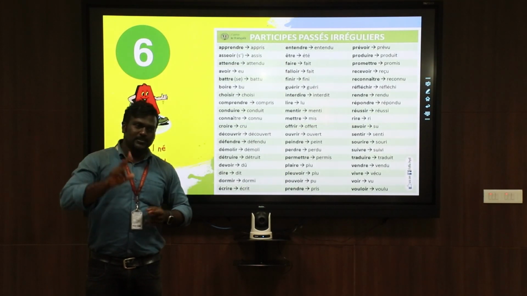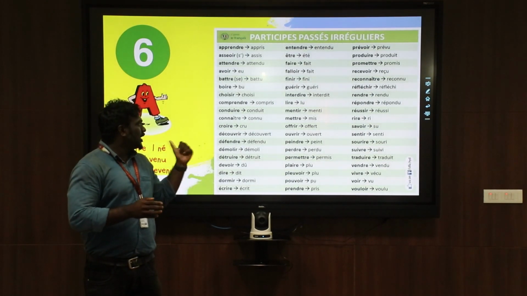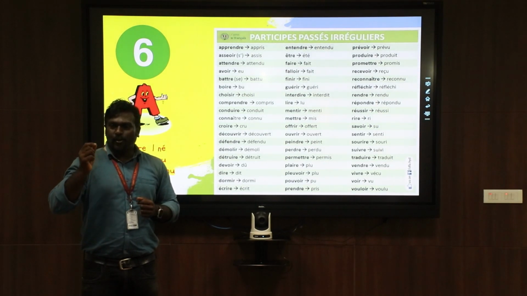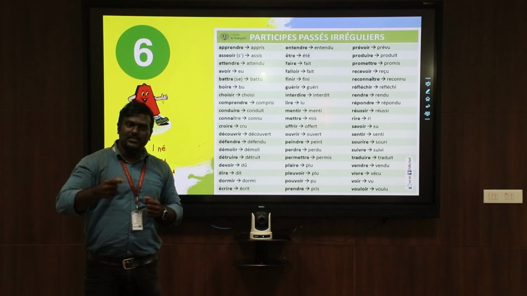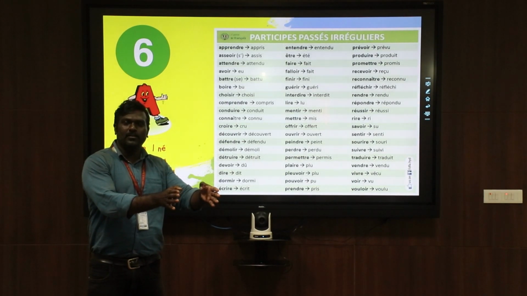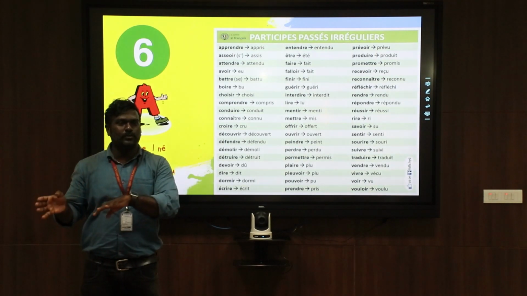We have two slides, 6a and 6b. I purposefully divided this into 6a and 6b. Normally, when we form the participle, we have the regular conjugation, and if it is not there, we go to irregular.